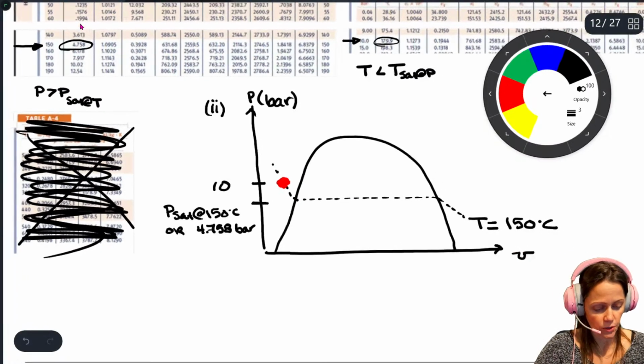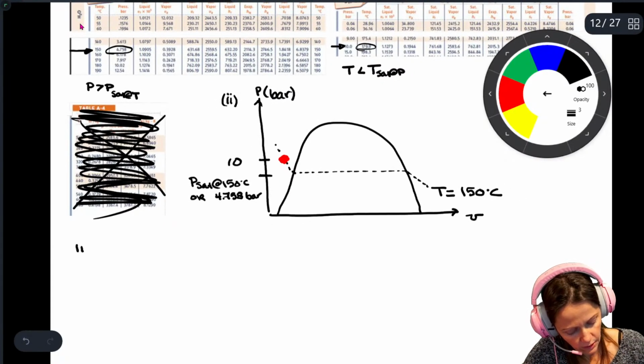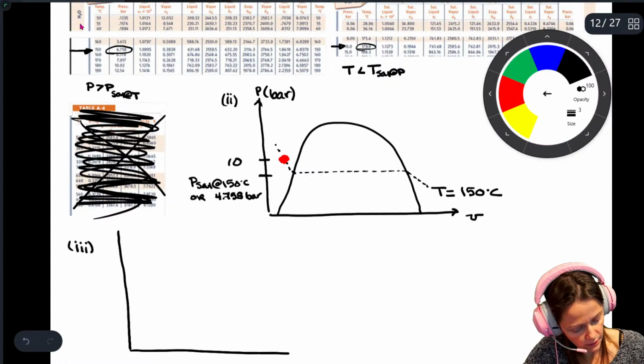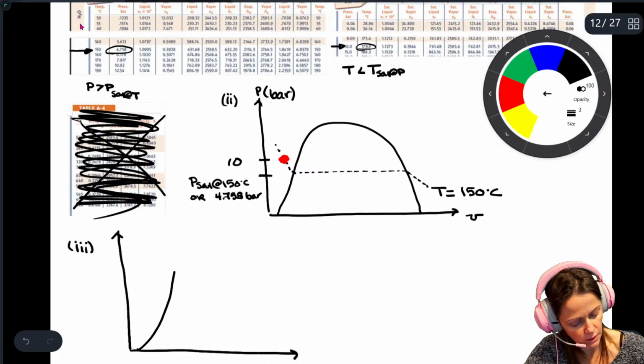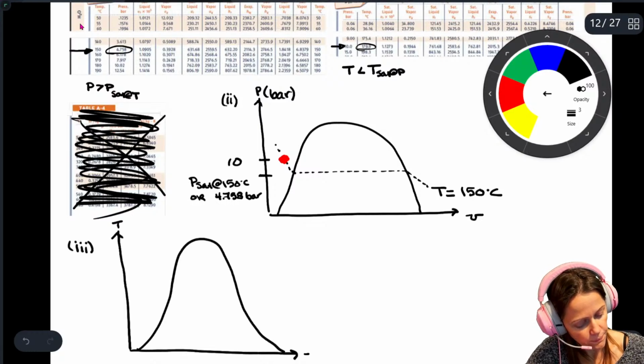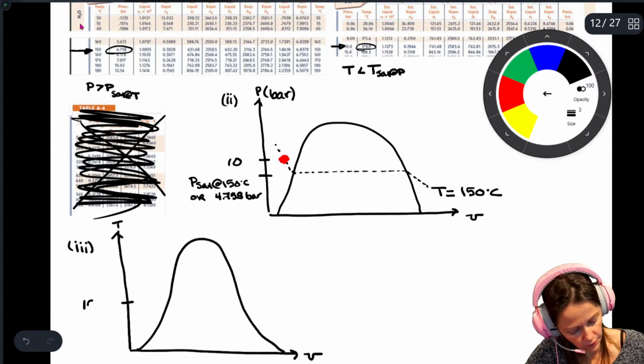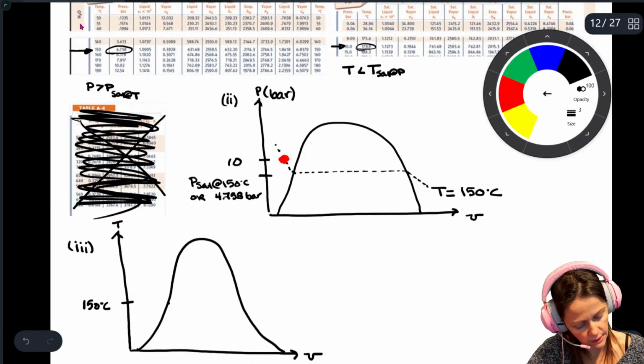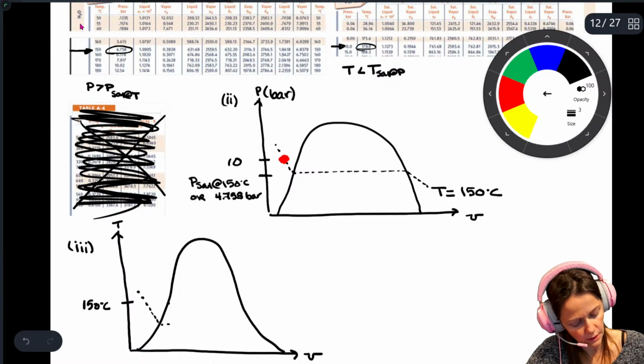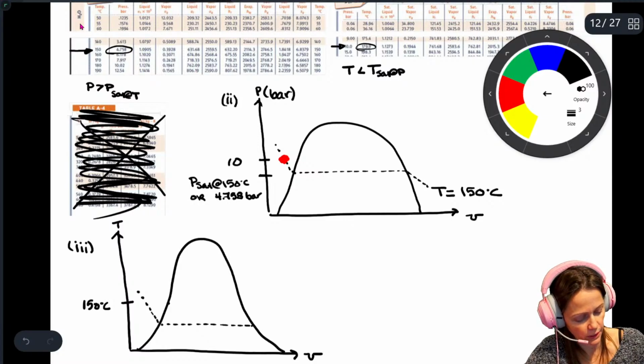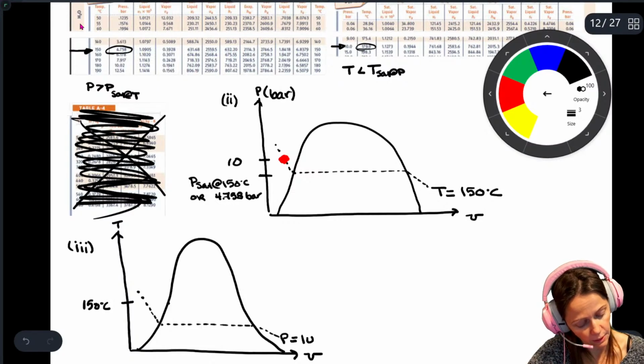All right, so let's draw things on a TV diagram. So we are at 150 degrees Celsius, and actually, it's compressed, isn't it? Anywhere along this line right here, our pressure would be 10 bar.